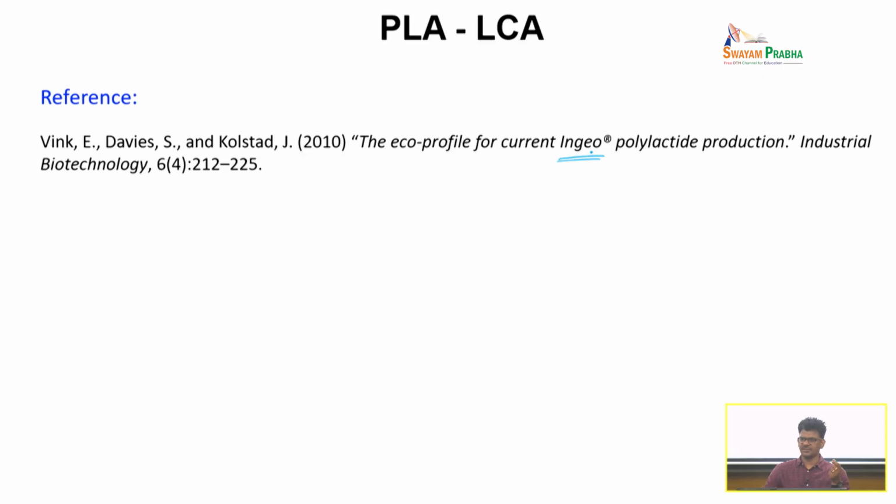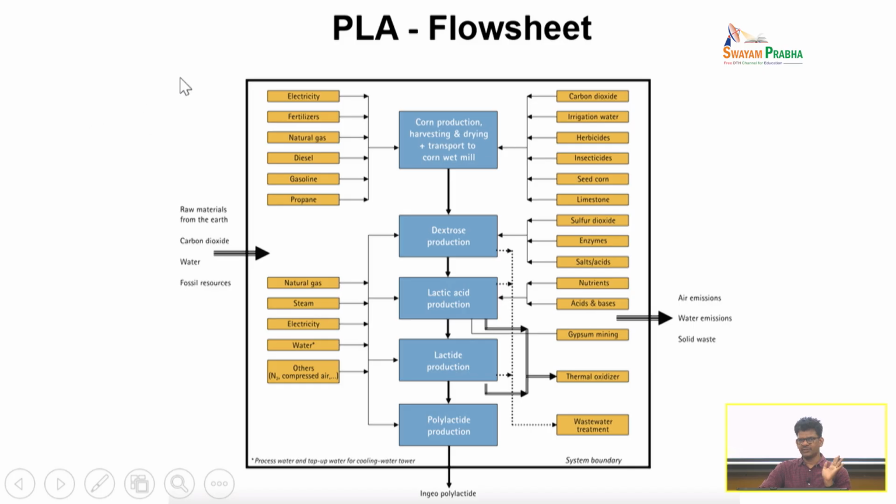And the data I am going to present are based on this paper, the eco profile for Ingeo. Ingeo is a trademark name for PLA resin produced by NatureWorks, which is a US based company that produces PLA, right. So here again we start with the flow sheet.